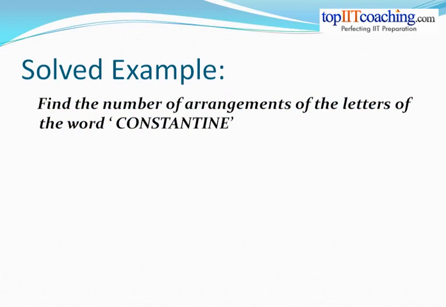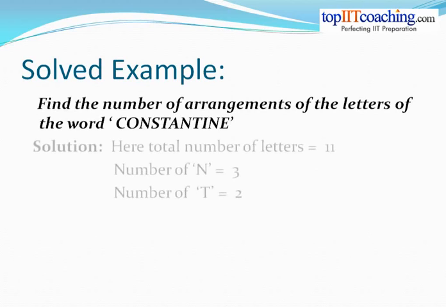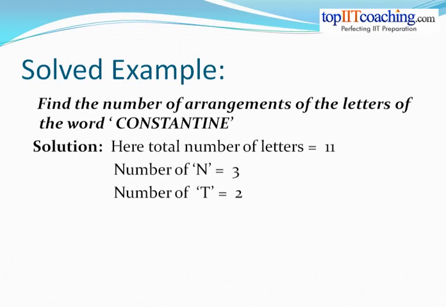Find the number of arrangements of the letters of the word Constantine. Now here the total number of letters is equal to 11. The number of n is equal to 3 and the number of t is equal to 2. Also the number of different letters is equal to 11 minus 3 plus 2, and that is equal to 6.